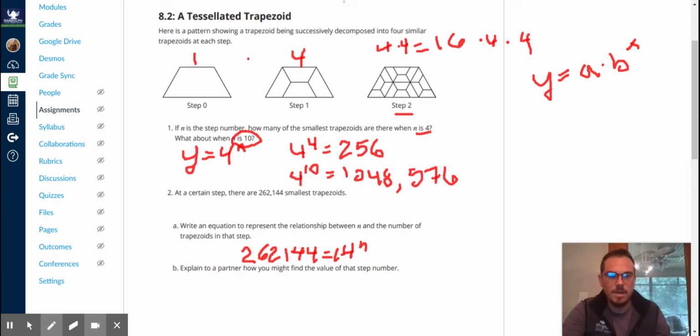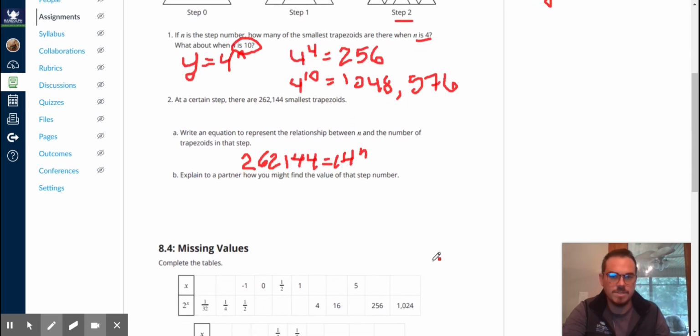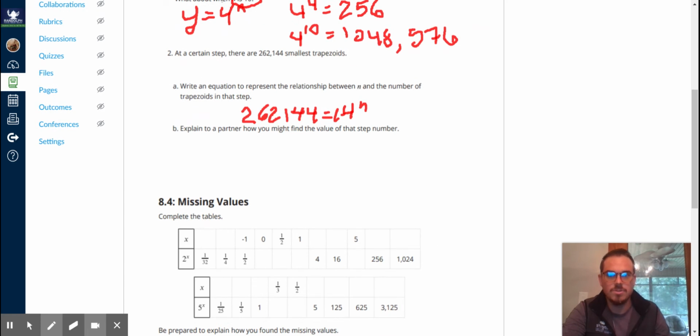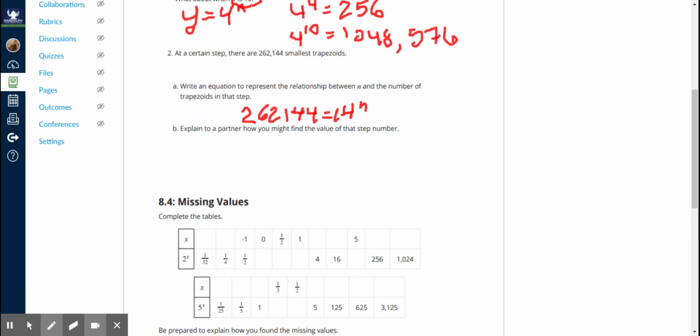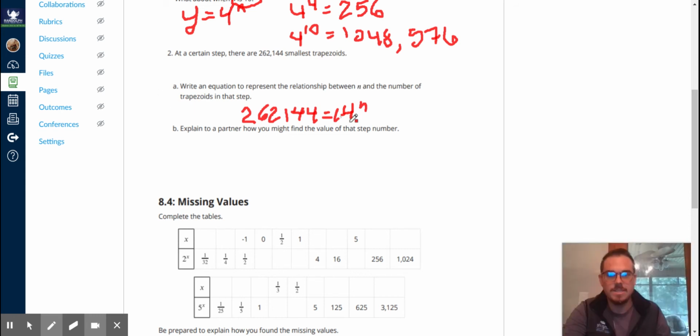262,144. Now, we want to explain to our partner how you might find that value of the step number. So what we're essentially trying to do is find the exponent you can raise 4 to get that 262,144. You don't have to be super explicit.